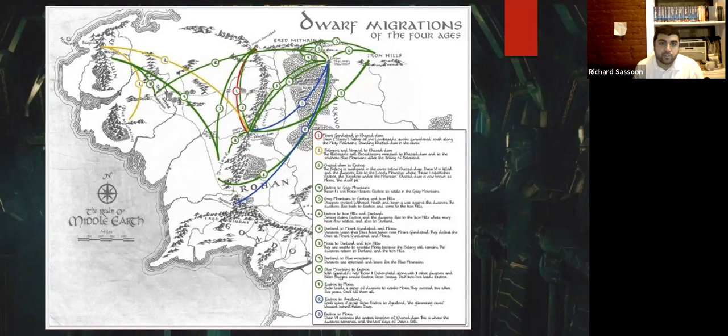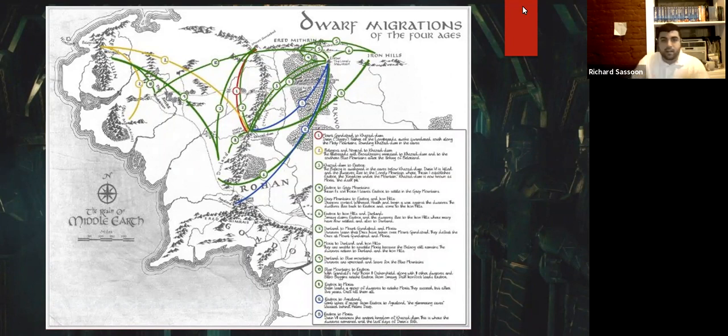Then from the Blue Mountains, they go back to Erebor, where they are finally able to reestablish their civilization under Dáin the Second, Ironfoot. And then finally, at the end of the Third Age, they make their way back to Moria under Durin the Seventh, the Deathless.